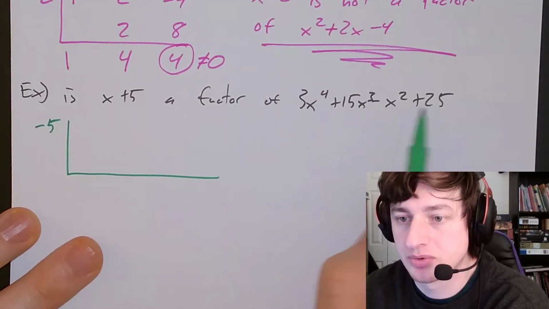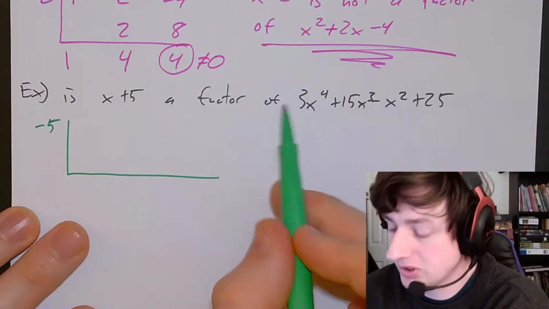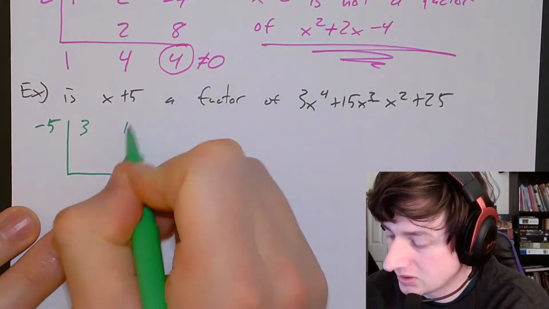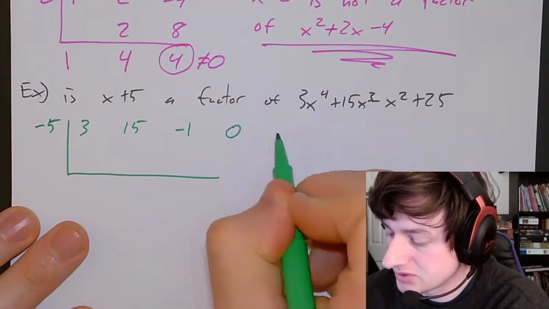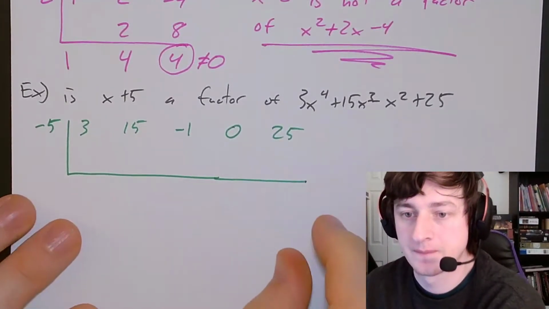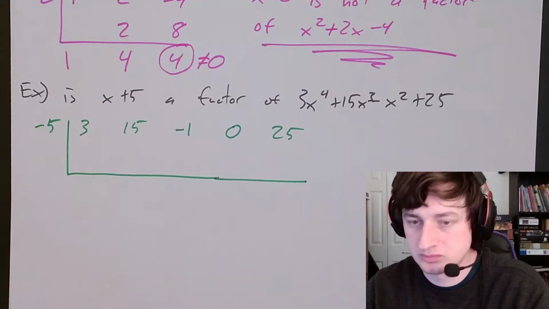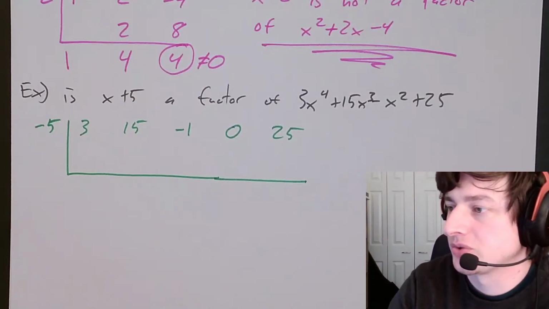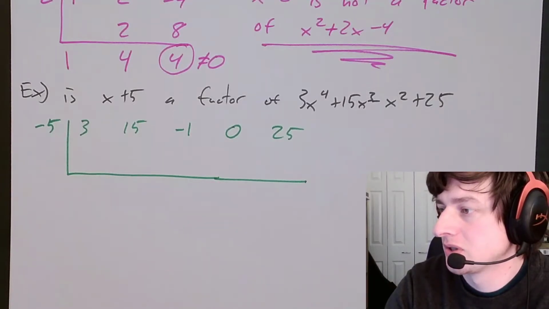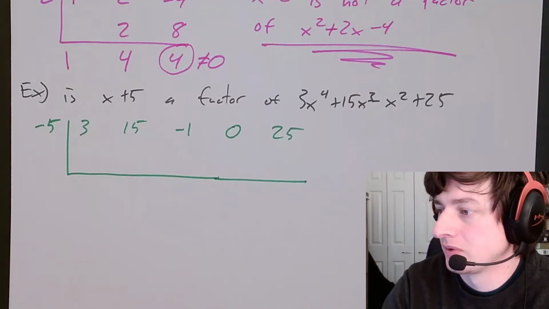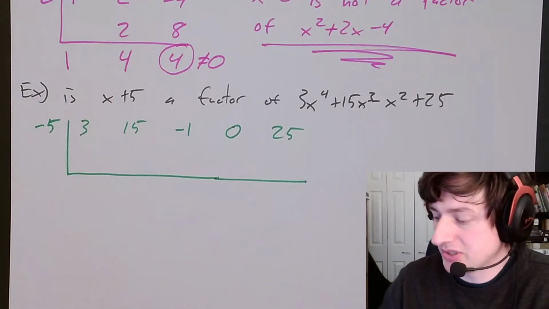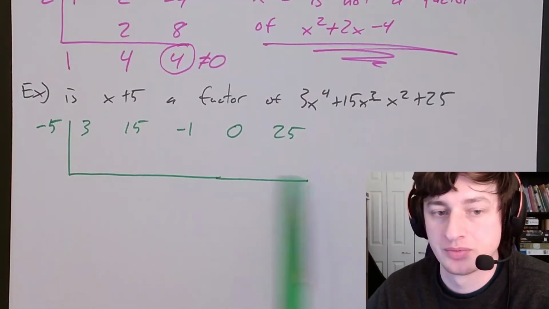And if it skips a variable, then we need to use a 0. So it's 3x to the 4th, 15x cubed, negative 1x squared, 0x, and a 25. Okay, so I just use all the coefficients to set up my synthetic division. And don't forget the 0, because there's no x, it's 0x in our function. Okay, and then we're just going to add down and multiply across, and our goal is that this be 0.